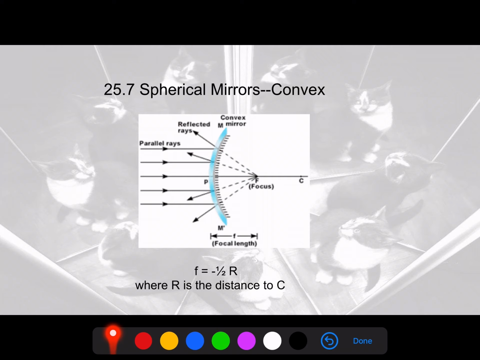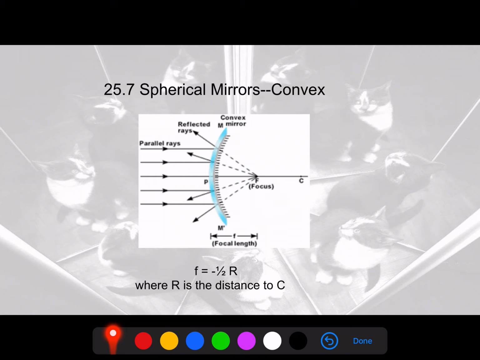However, just the same way I had the plane mirror and my eye imagines this being behind the mirror, I could imagine that all of these things that appear to be going in different directions now emanated from a singular point on the other side of this curved mirror that I will now call the focus.